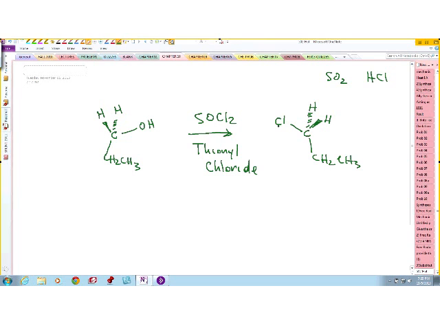But it does it with inversion of configuration. Supposing we start with a molecule that has a chirality center. Let us say we start with this molecule here.